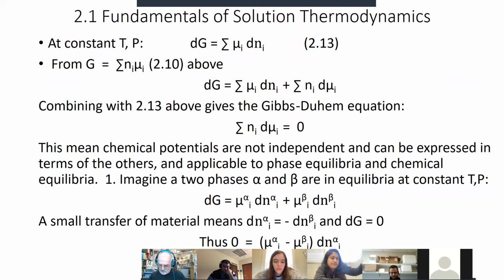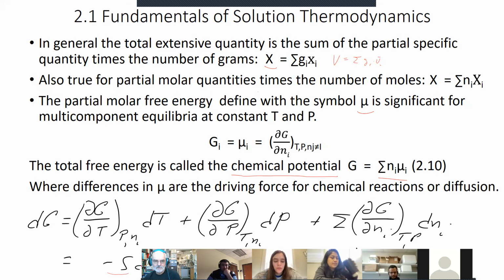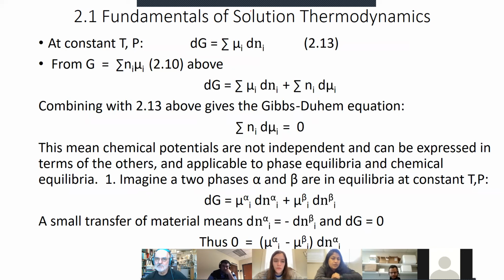So at constant temperature and pressure, dT goes to 0, dP goes to 0, and all we're left with is this: delta G is the sum of mu sub i dNi. However, up above, we've already defined G as the sum of N sub i mu sub i.